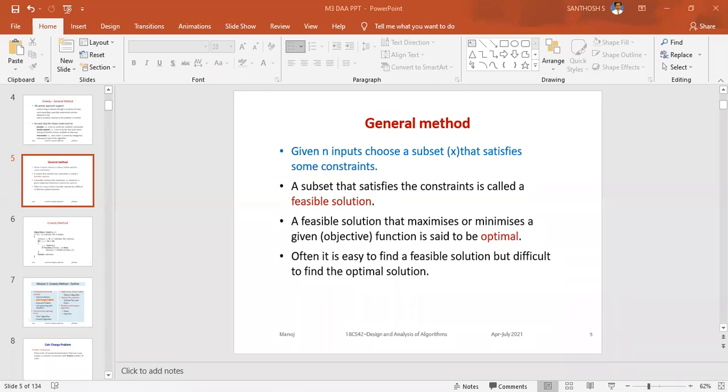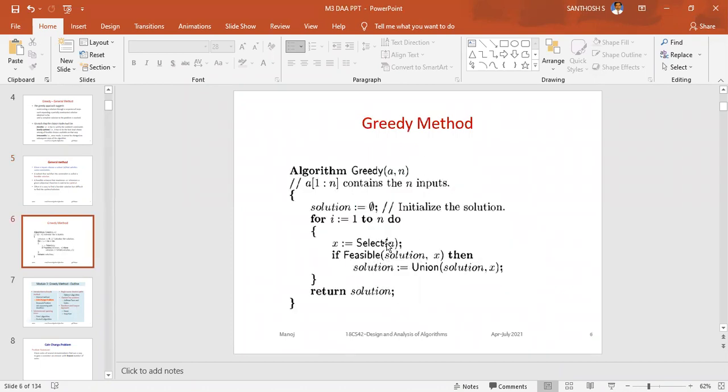For 8 subsets, you will have 8 feasible solutions. So for 8 subsets, you will find 8 solutions.